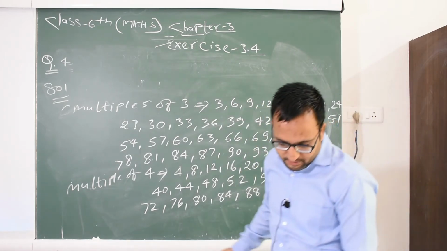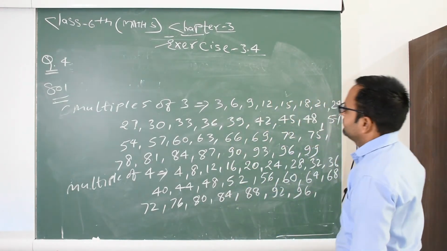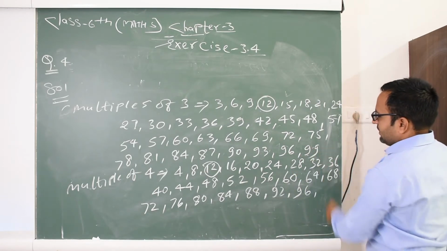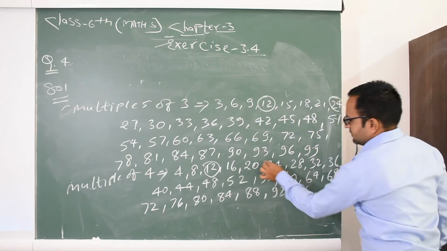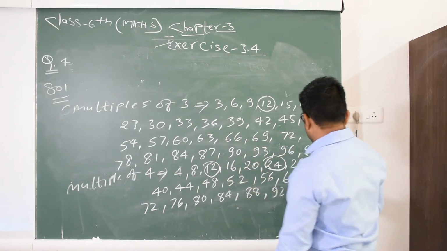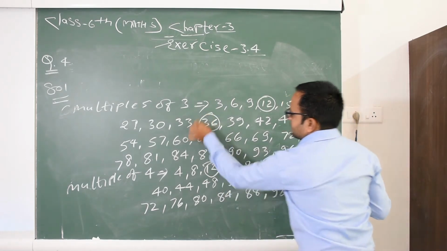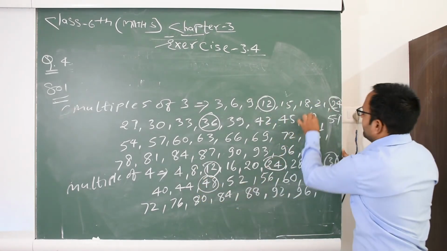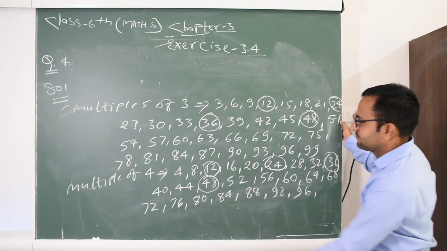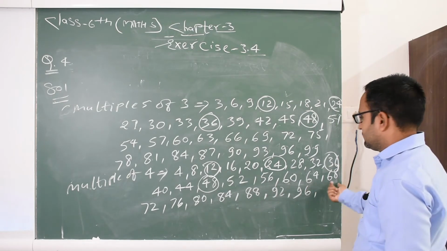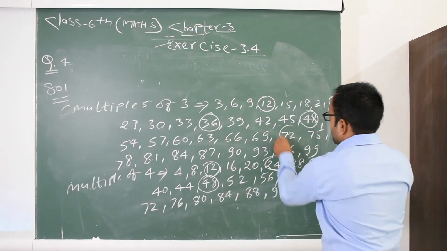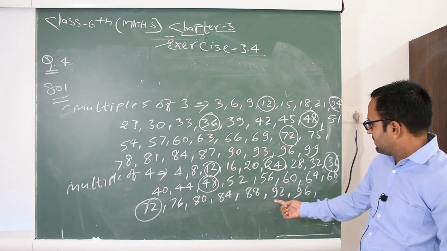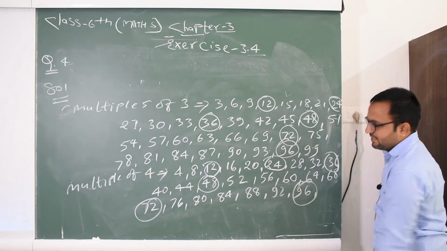Now we find the common multiples. That means 12 and 12, 24 and 24, 36 and 36, 48 and 48, 72 and 72, and any other? 96 and 96.